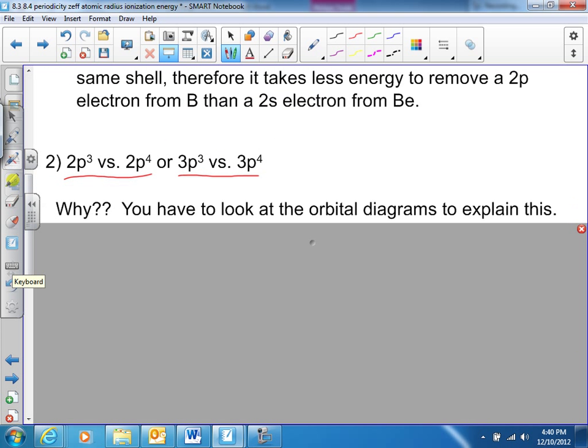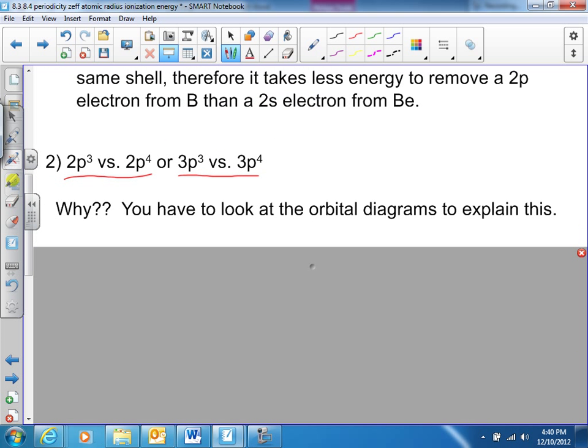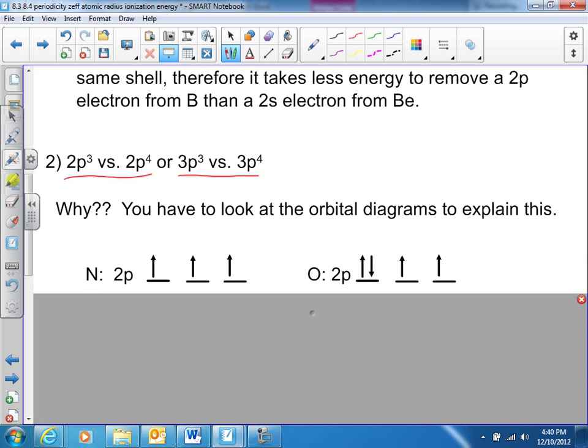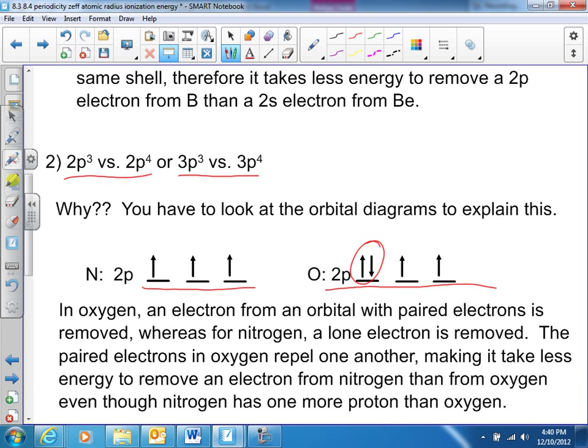And let's figure out why this one's happening. You have to look at orbital diagrams to understand this. If you want to try to figure it out yourself, you can, but you should pause. Okay. For nitrogen, we've got 3 lone electrons. For oxygen, we've got paired electrons in that 2p sublevel. And here's what's happening. Those paired electrons are repelling one another.